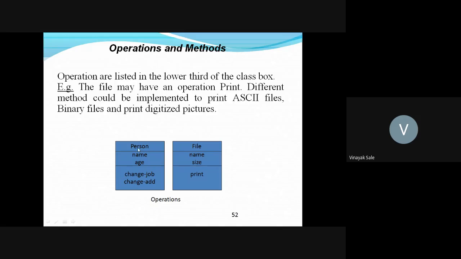So here Person is the name of the class, name and age are the attributes of that class, and change job and change address are the operations of that class. Similarly, here File is the name of a class, name and size are the attributes of that class, and print is the operation of that class. This is operations and methods.